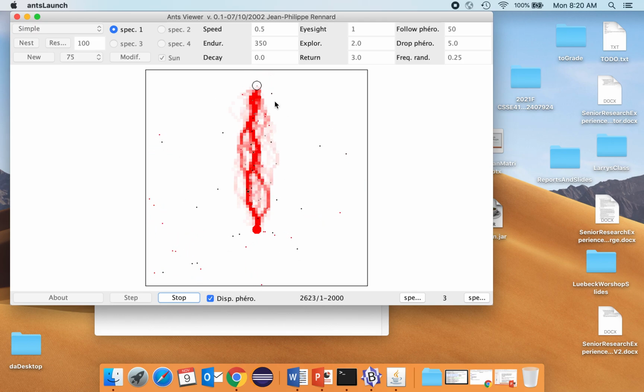Okay, so just about out. Now the pheromones will decay, and what that means is that ants will simply look at different food sources. All right, well, let's stop this and do another one.